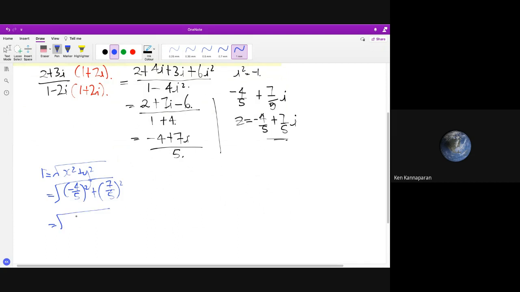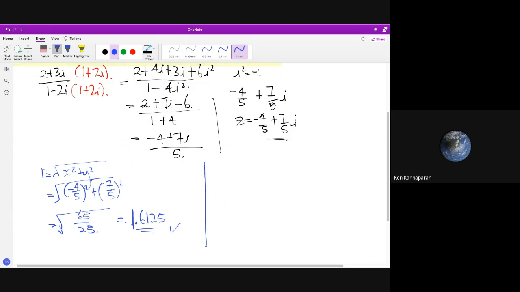What I got was the square root of 65 over 25. If you use your calculator, you'll get 1.6125. So that's the length, or modulus, for z equals -4 over 5 plus 7 over 5i. So I've got that.